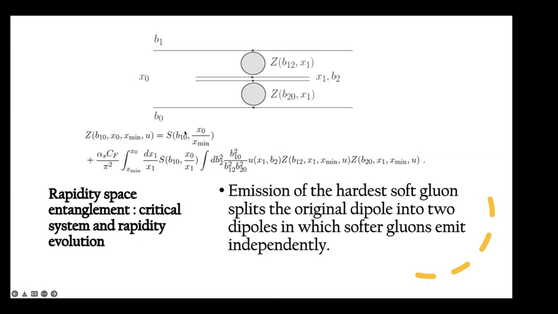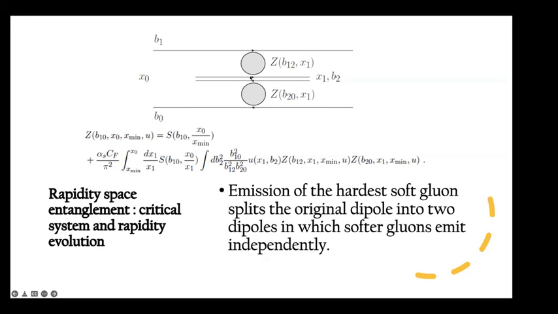So this term is actually what we call the light-front soft factor. It is an important quantity in the TMD factorization formalism. And of course, the second term represents the real term, which means after emission of the first soft gluon, it splits into two dipoles with the corresponding generating functional for their light-front wave functions.